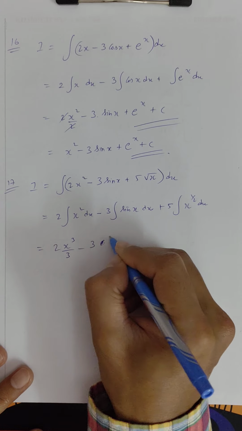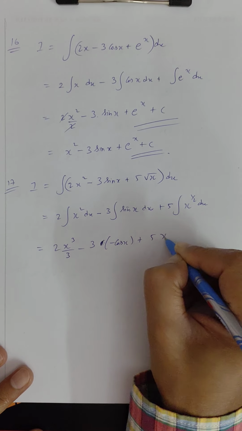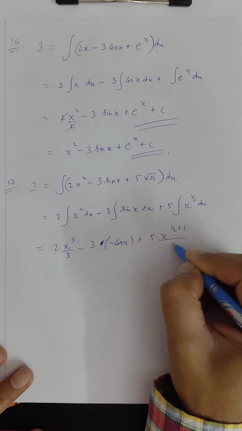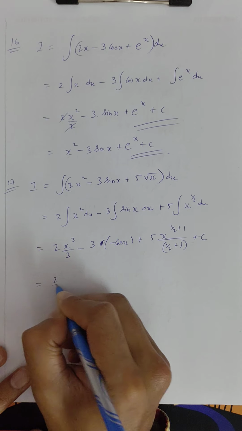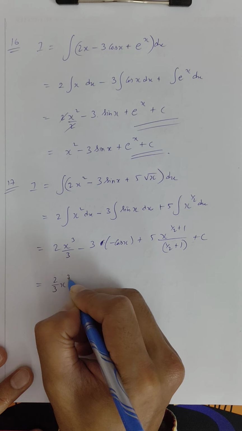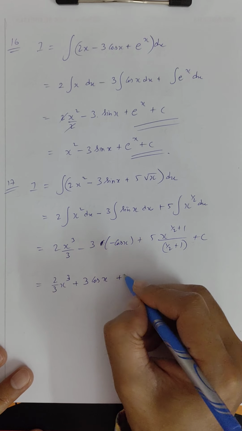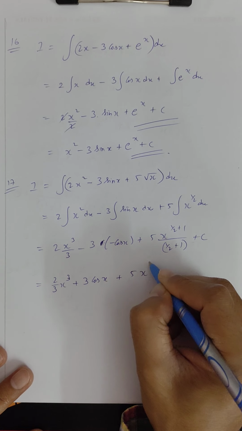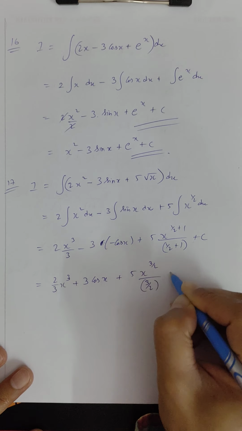Integration of sin x is minus cos x. I've given you the formula already. Go through the videos. That's cos x. Okay, one more step I have to write. 3 by 2 plus c.